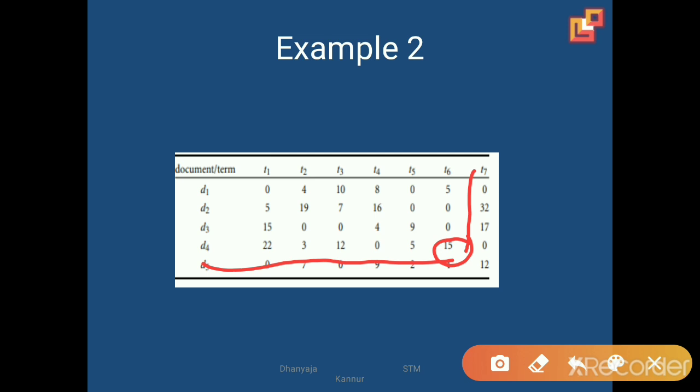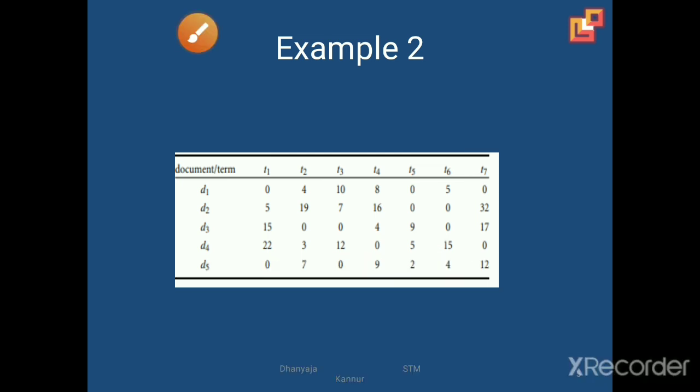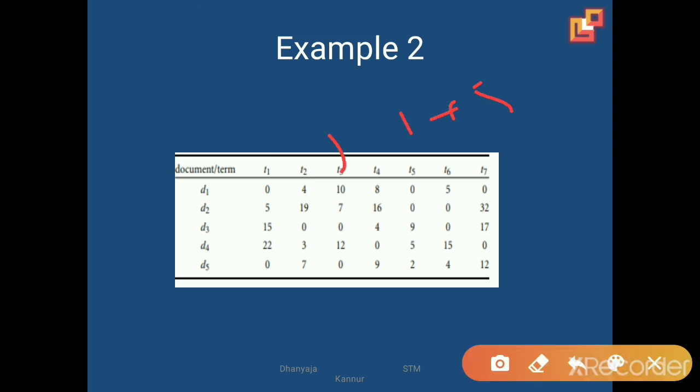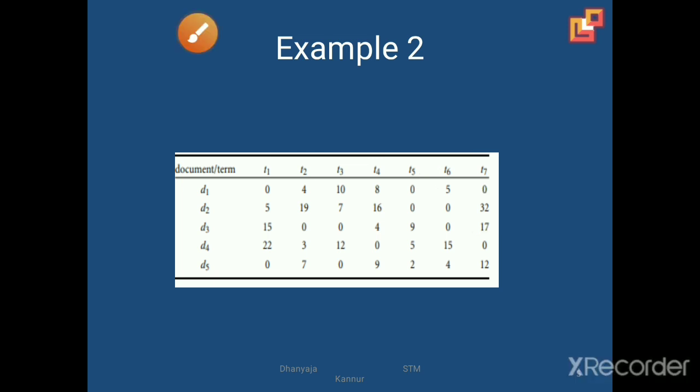For that, the equation is log of 1 plus how many documents? 5 documents, divided by how many times T6 is occurring? It is occurring 3 times, right? So that is log of 1 plus 5 by 3. That is the way of finding IDF.